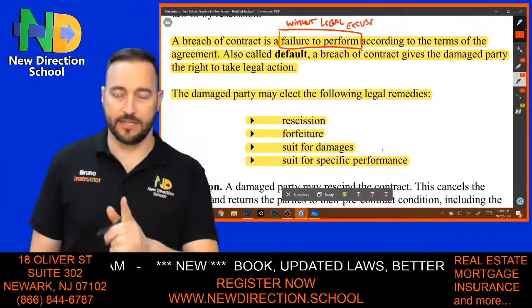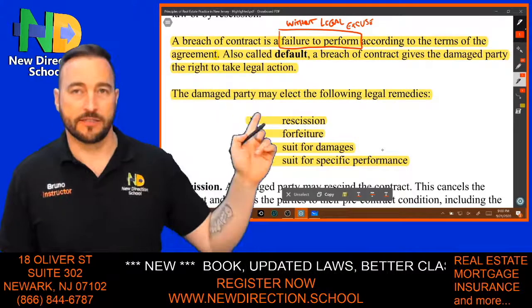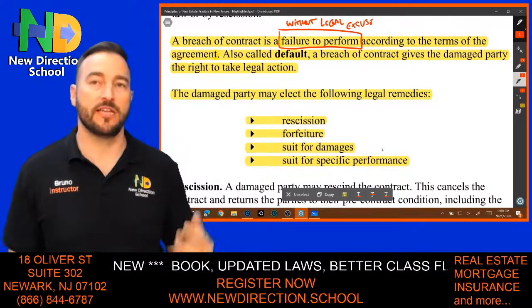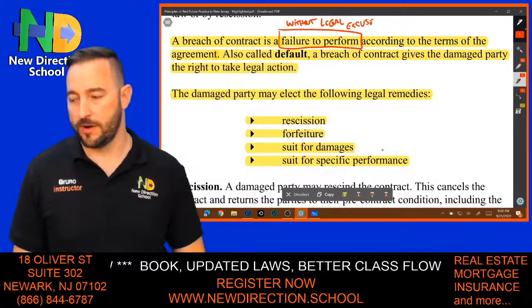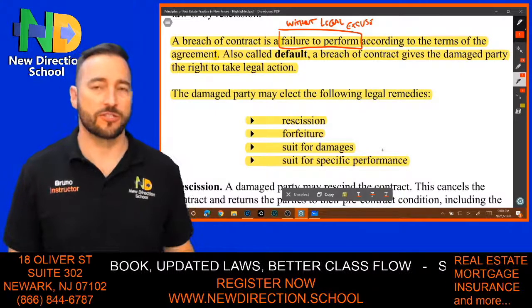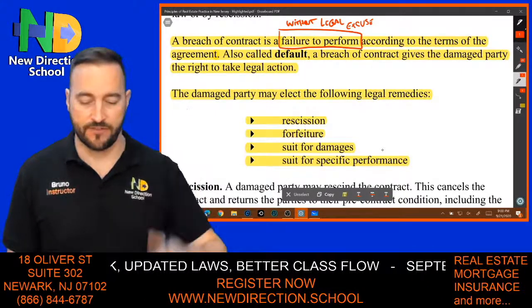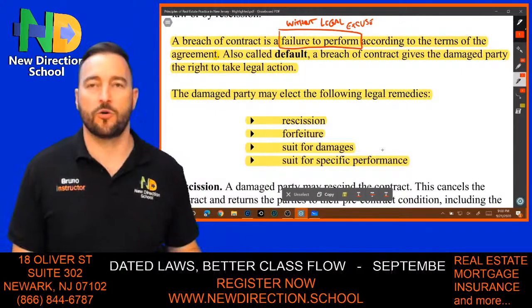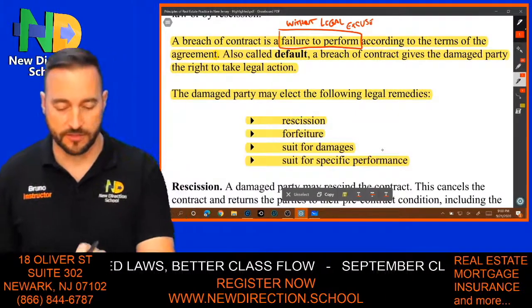Again, Verona, did not forget yours. But the damaged party, whoever suffered, may elect the following legal remedies: rescission, which is cancellation; forfeiture, which is I give up; or sue for damages, or even sue for specific performance.